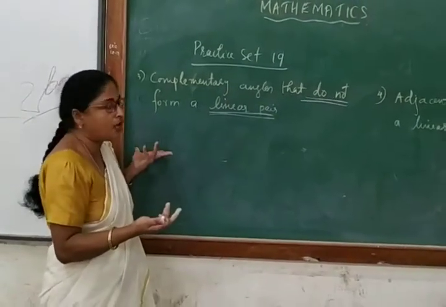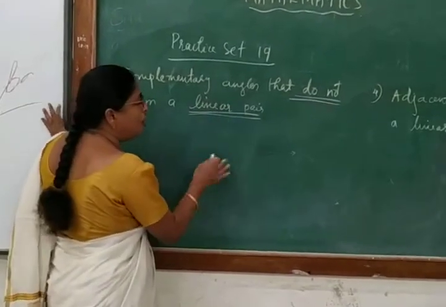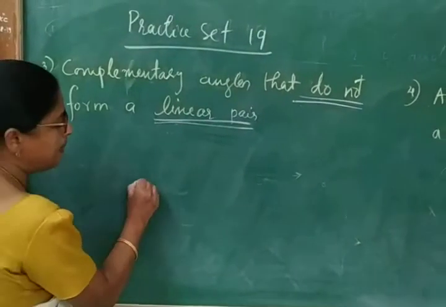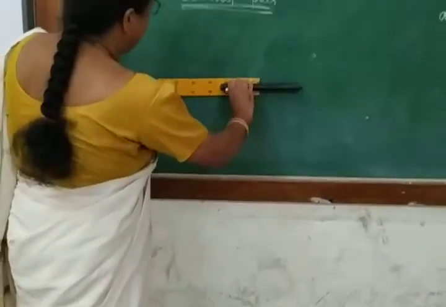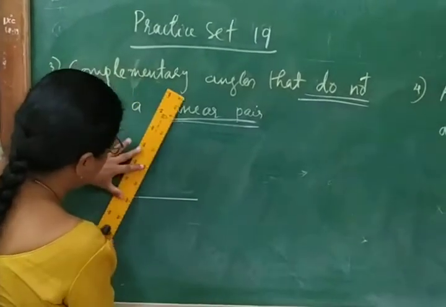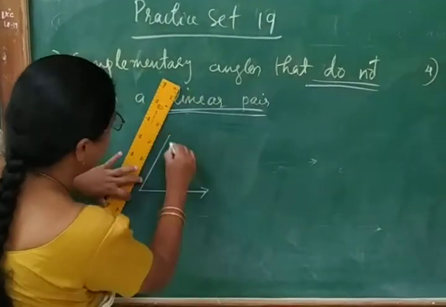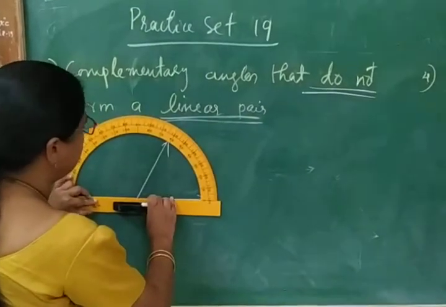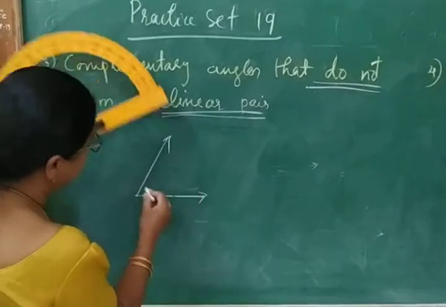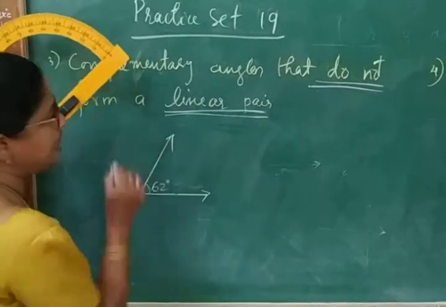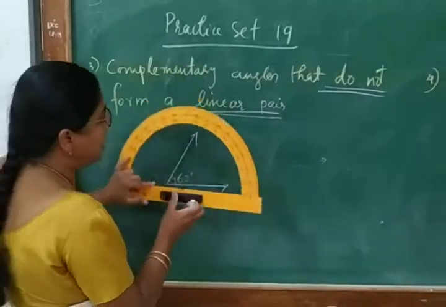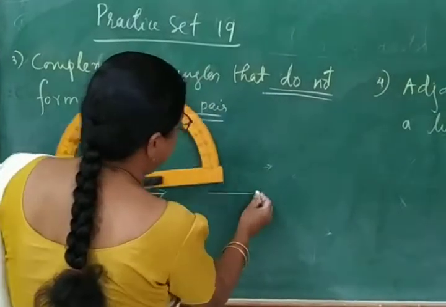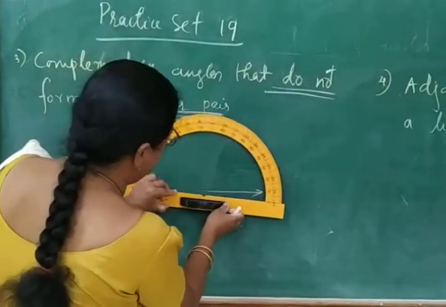But here the question is that do not form a linear pair. So no problem in drawing. That do not form a linear pair means you are asked to draw any two complementary angles. Let us draw one angle. The measure of this is 62 degree. So 62 degree means how many will be remaining? 28 will be remaining for drawing the second pair of complementary angles.